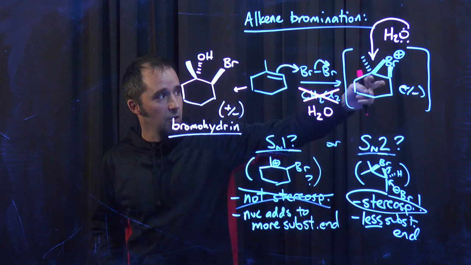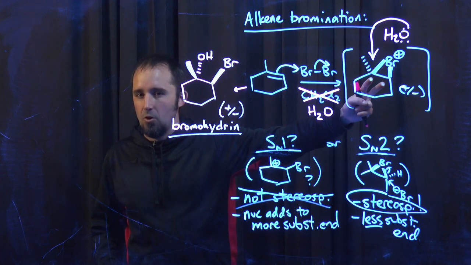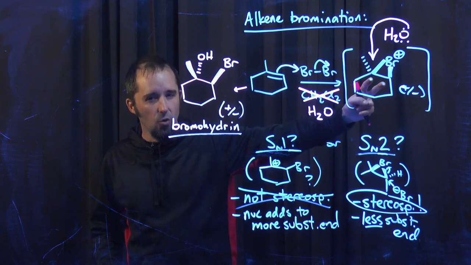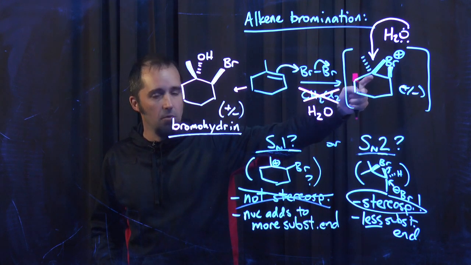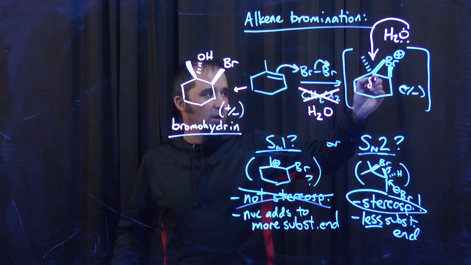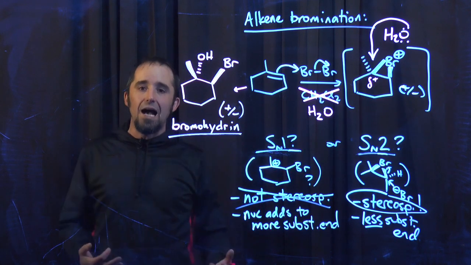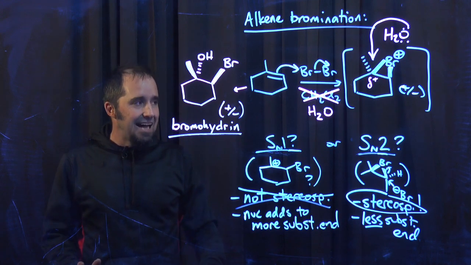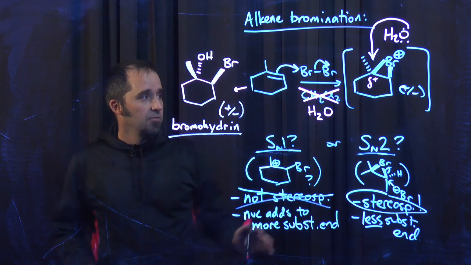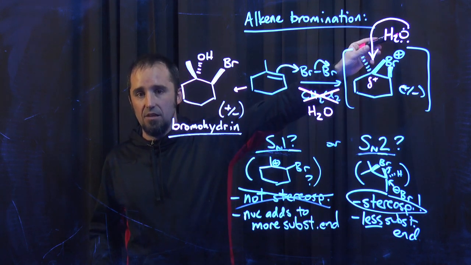And when it looks at the carbons it's bound to, it says to itself, which of those carbons do I want to give this positive charge to? It's going to want to give the positive charge to the more substituted carbon, right? So this is already a little bit of a positive carbon. So that's what's driving the selectivity here. It's not that it's less crowded, it's that the positive charge here draws my lone pair electrons in.